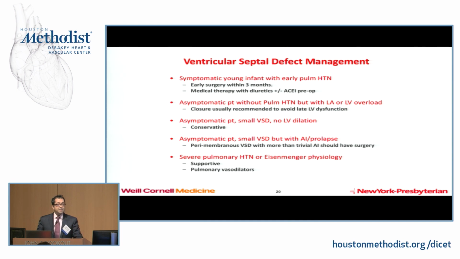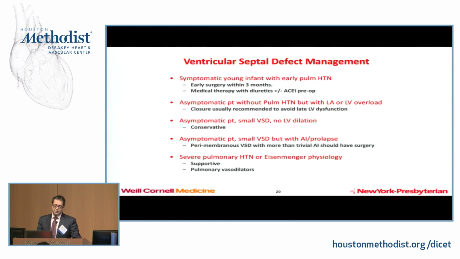An asymptomatic patient, which is often what we see with a small restrictive VSD and not really much LV dilatation, you probably just do nothing and watch over time, repeat serial imaging, and have them come in for a clinical evaluation and make sure that nothing is changing.